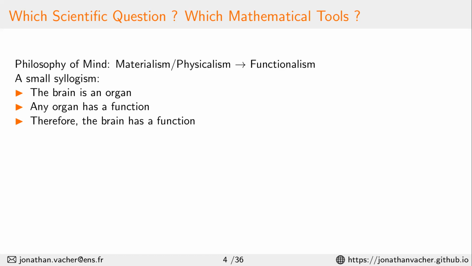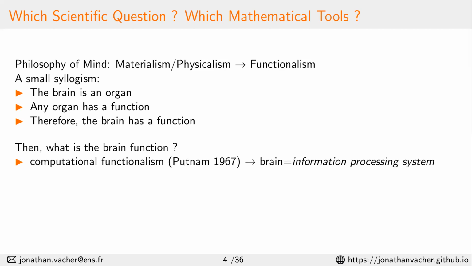And so our goal is to understand the brain function, what it is. During the 50s, with information theory and evolution, with Shannon and also Turing, we understood the brain as an information processing system. So you receive information through your senses, and you treat it to behave.